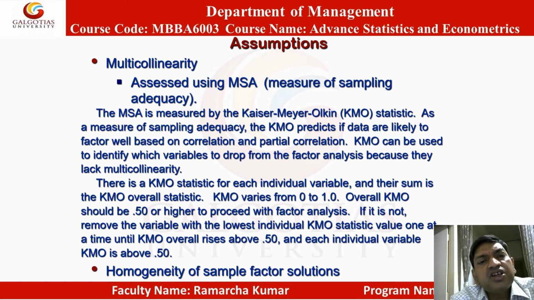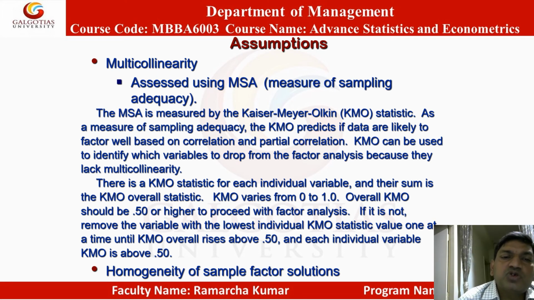KMO can be used to identify which variables to drop from the factor analysis because they lack multicollinearity. There is a KMO statistic for each individual variable, and their sum is the overall KMO statistic. KMO varies from 0 to 1.